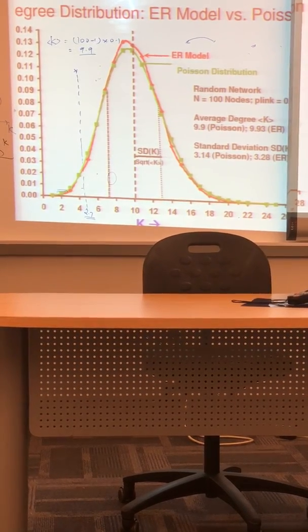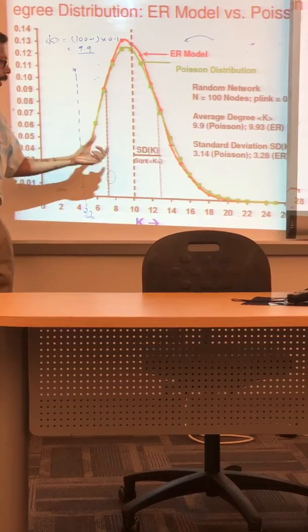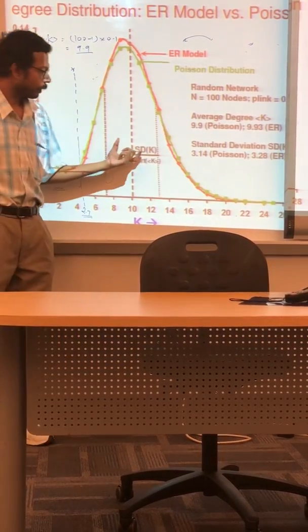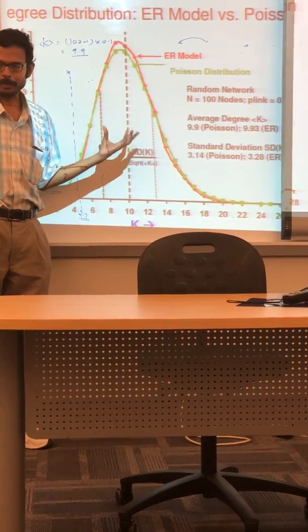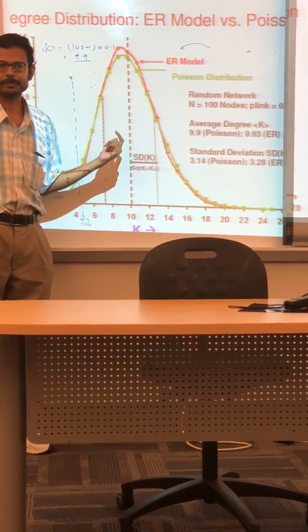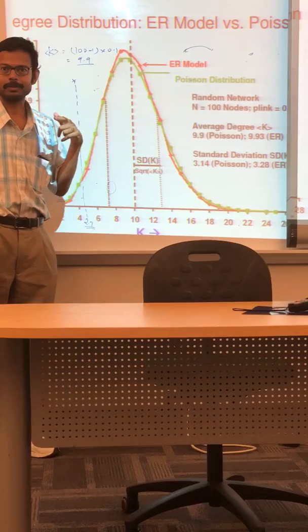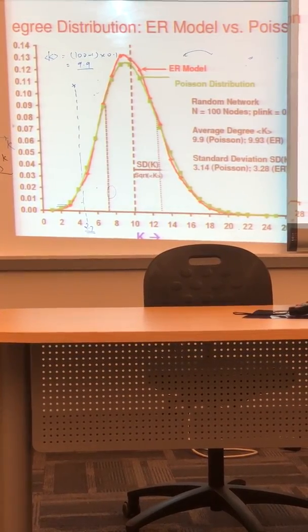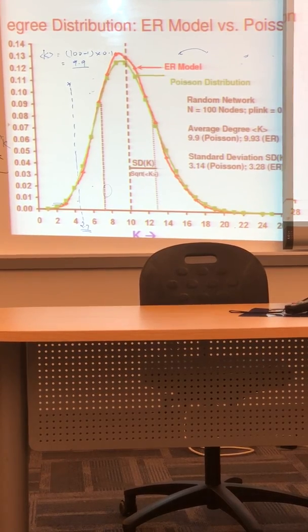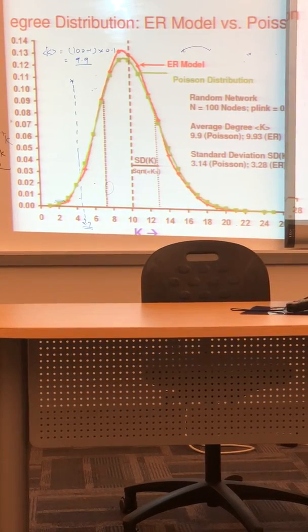If we get time later, I'll show you how to do it. How many of you know how to find standard deviation using the math formula? One, two, three. Okay. Let me see if we have time today.